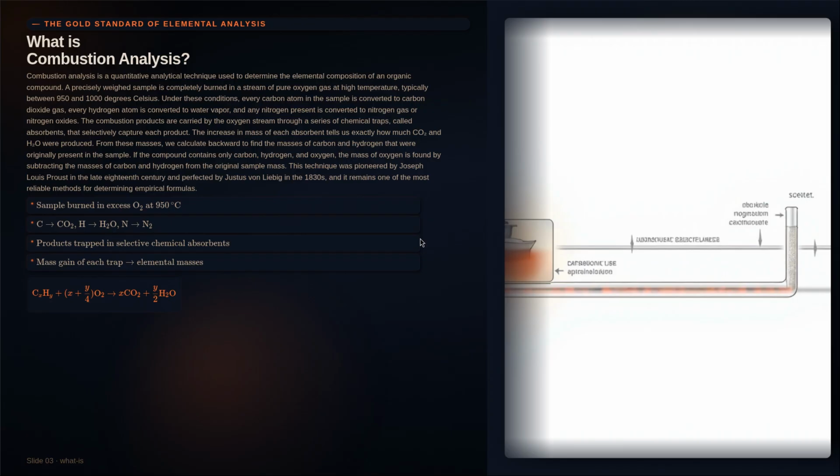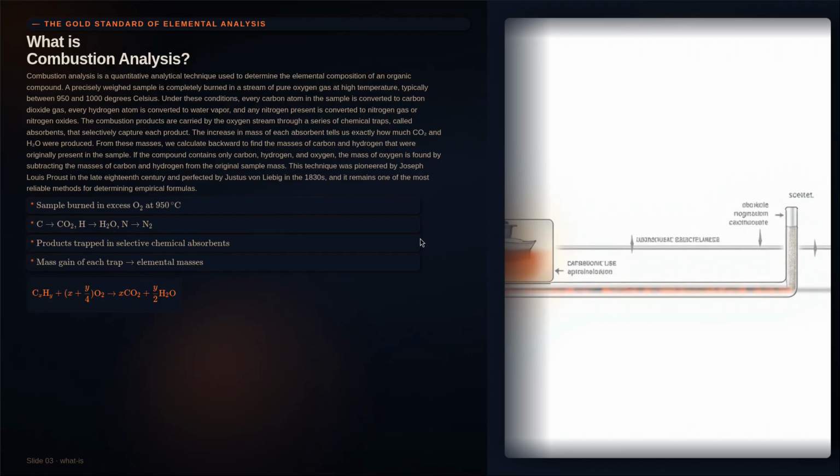Under these conditions, every carbon atom in the sample is converted to carbon dioxide gas, every hydrogen atom is converted to water vapor, and any nitrogen present is converted to nitrogen gas or nitrogen oxides. The combustion products are carried by the oxygen stream through a series of chemical traps, called absorbents, that selectively capture each product. The increase in mass of each absorbent tells us exactly how much carbon dioxide and water were produced.